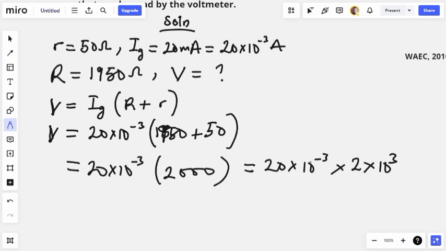So that 10 raised to the power minus 3, according to the law of indices, will cancel 10 raised to the power 3. We're now left with 20 times 2, which equals 40 volts. So therefore, the maximum voltage our voltmeter can read is 40 volts. Thank you.